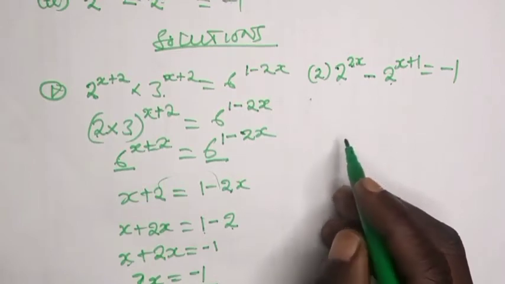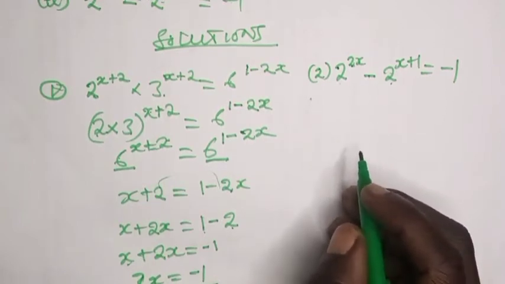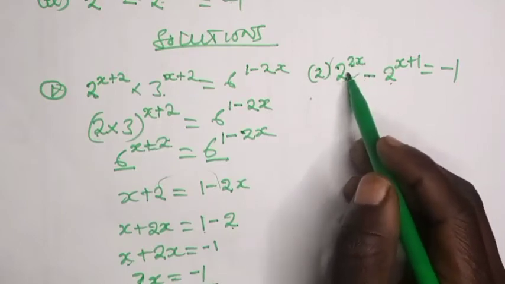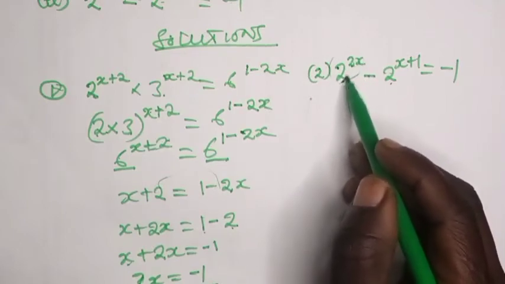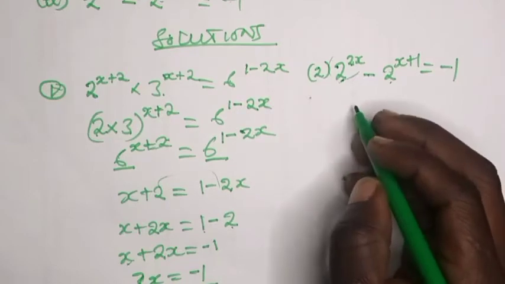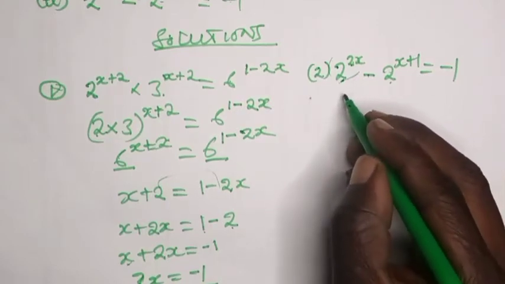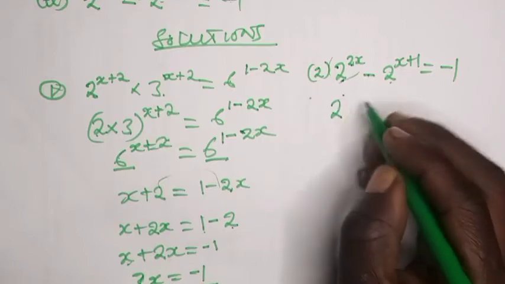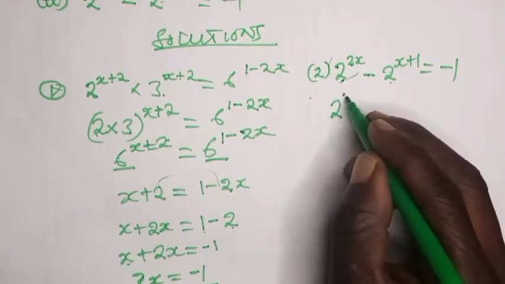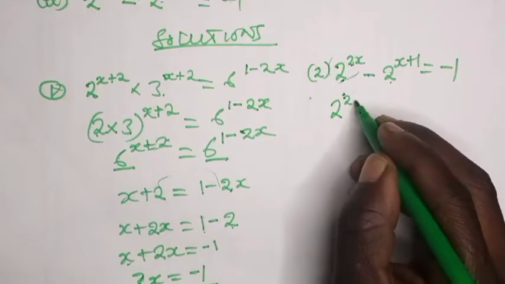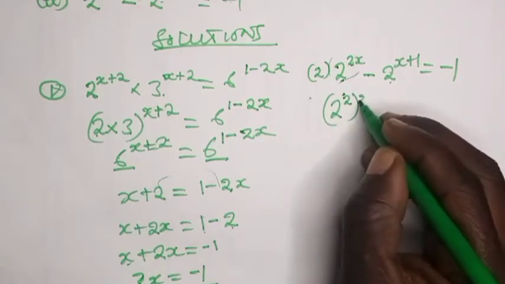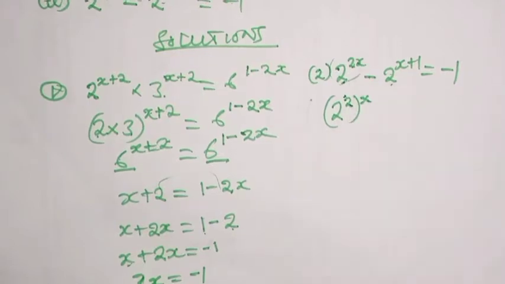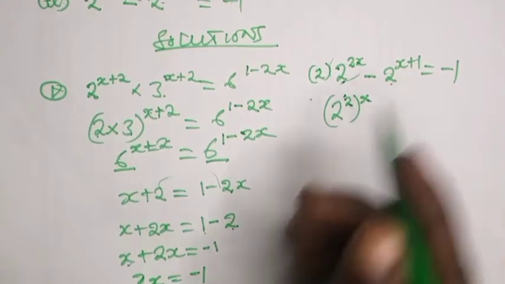So here what we have to do, as you can see, for it to be 2 power 2x, there is a law which was used, the law of powers. Then it will be 2 power 2 in the bracket, then power x, because when we multiply this one times this one, it will be 2x. That's the law of powers.